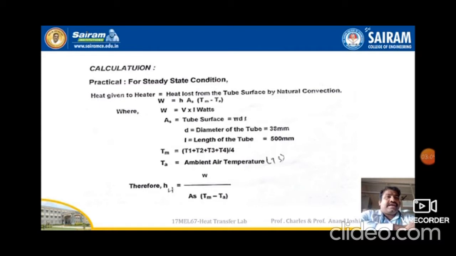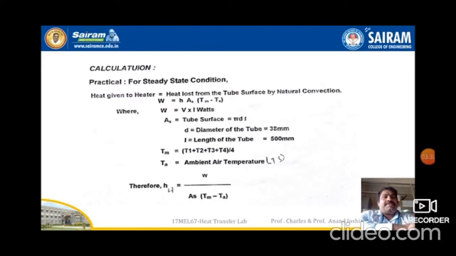A_s is the tube surface area, that is pi d L, where d is the diameter of the tube, 38 mm, and the length of the tube is 500 mm. Tm, the mean temperature, we calculate by taking T1, T2, T3, T4 together divided by 4. Ta is the ambient temperature, that is the atmosphere temperature.